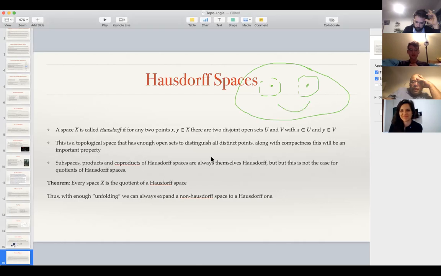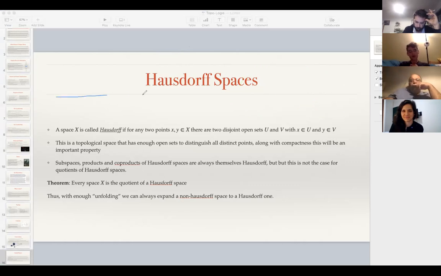So the idea of how you actually do this, this is one of the main examples of a non-Hausdorff space, is if you take two copies of the real line. I'm going to have R here, and I have another one. I'm going to take a quotient of the union of them.